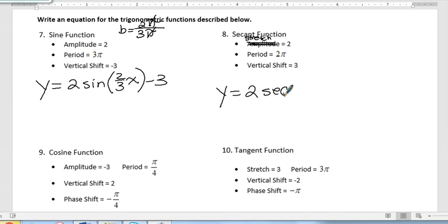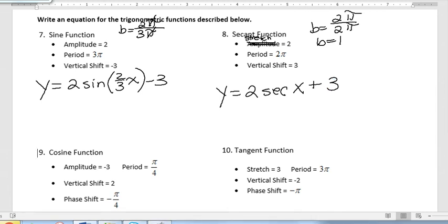The normal period for cosine is 2 pi. The current is 2 pi. So I know my B value is 1. 1 will not need to be written into the graph itself, so it's just going to be x. Again, not mentioning any kind of phase shift left or right, so we can move on to the vertical shift of just plus 3.